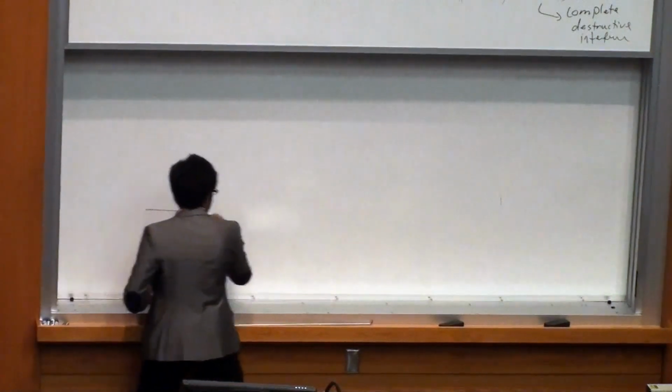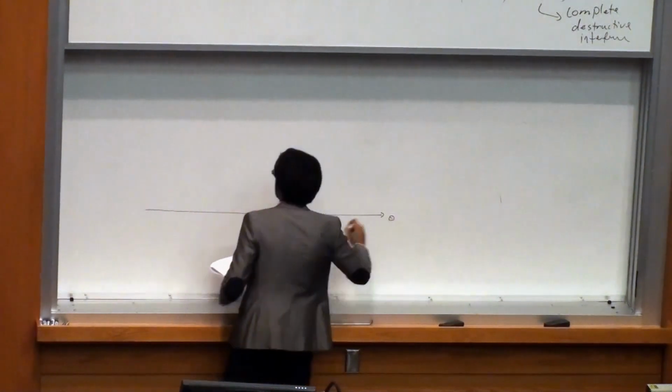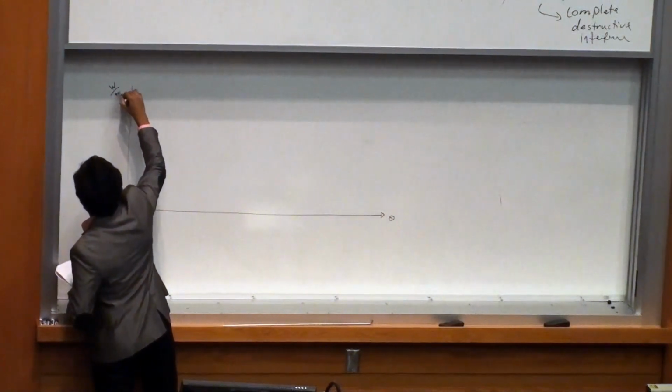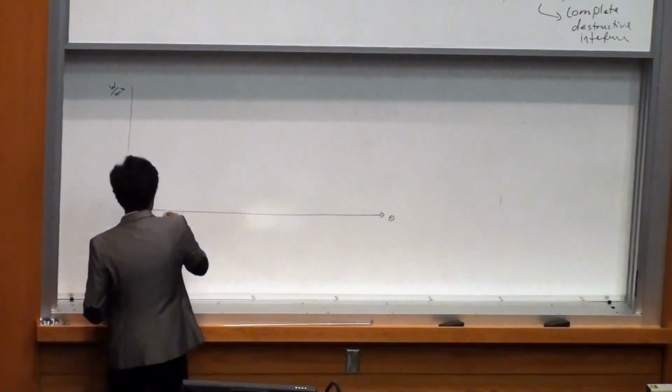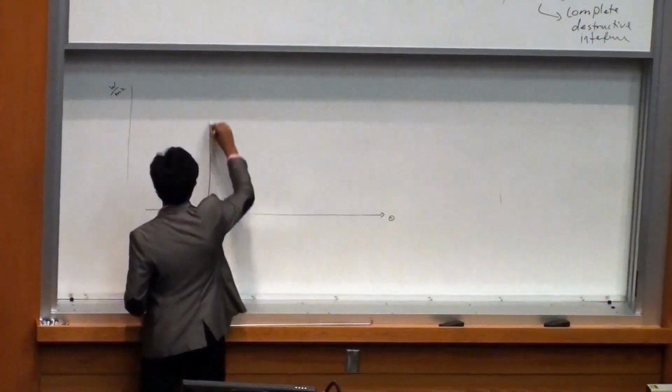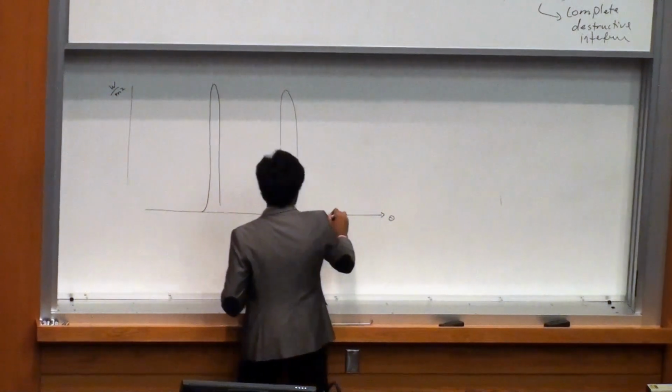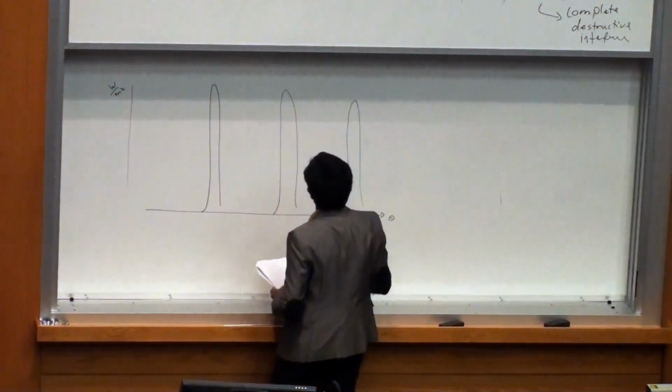So if I take, again, intensity versus angle, and that's my intensity, watts per meter squared, I'll get something like this. I'll get a peak, a peak, a peak, right?